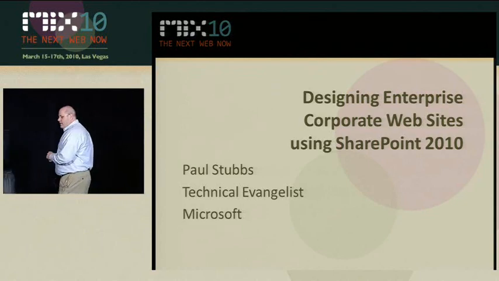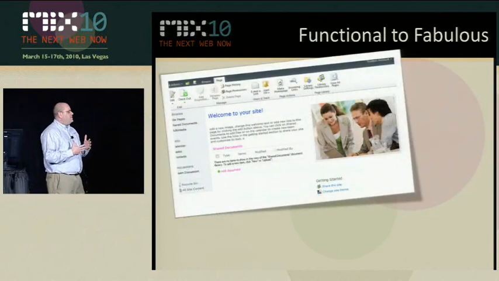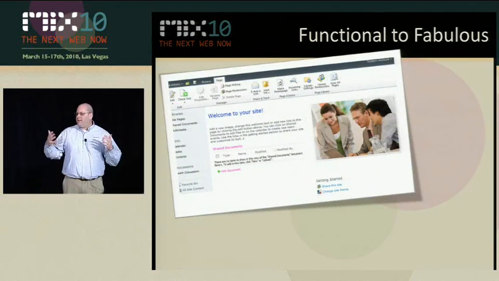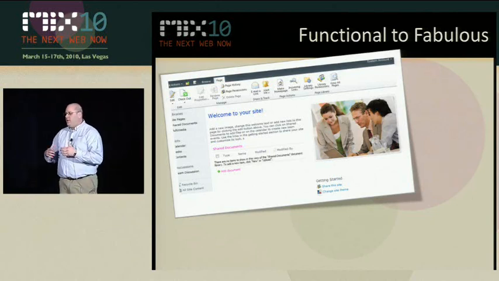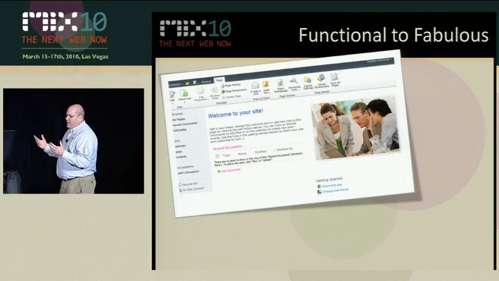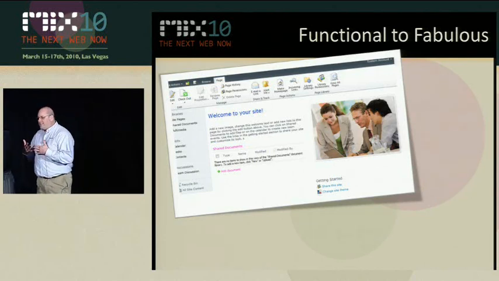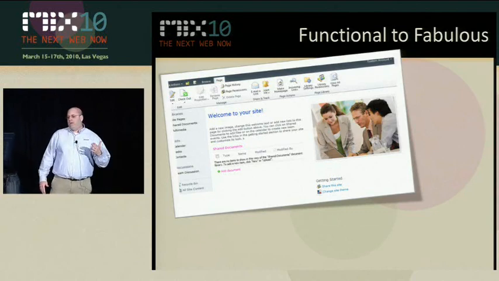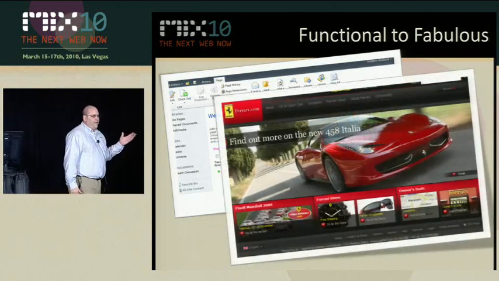Good. So, one of the things that we think about is SharePoint is functional. It's a team collaboration site. It's a portal. It has our business applications. We can share our documents, and we can do workflows, and we can have Excel Services. It's all about business. But really for designers, and really what we think about here at MIX, is how do we take SharePoint from a functional aspect to something fabulous, right?